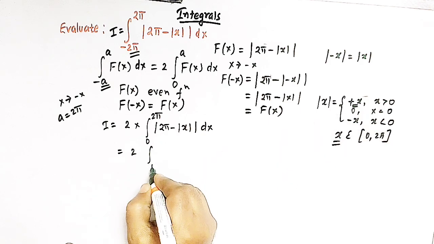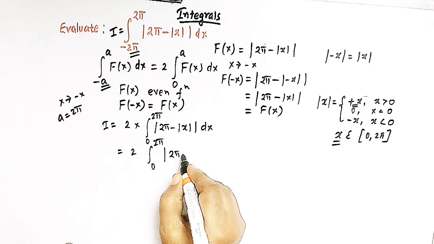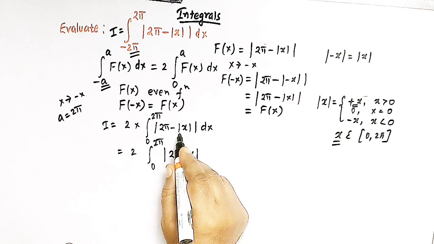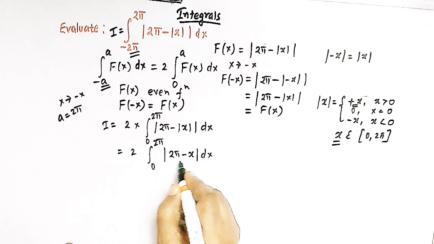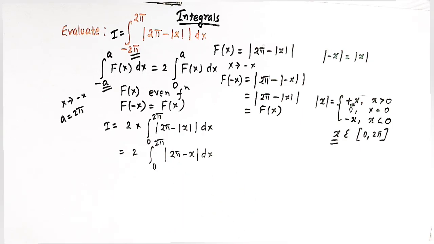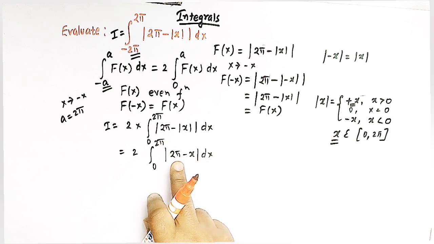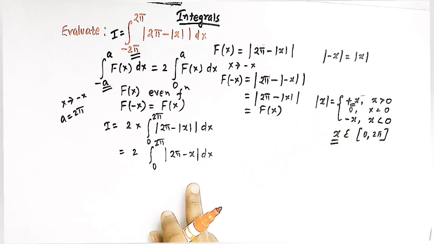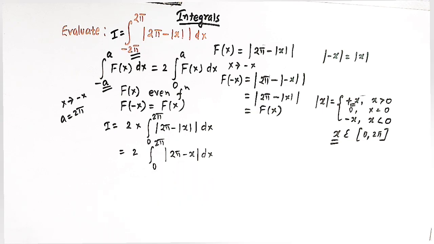So we have 2 times the integral from 0 to 2 pi, and here we have mod of 2 pi minus mod of x replaced by positive x. So we have mod of 2 pi minus x dx. So now we have to evaluate this integral, 0 to 2 pi mod of 2 pi minus x dx. So let us again apply the definition of a mod function to mod of 2 pi minus x.